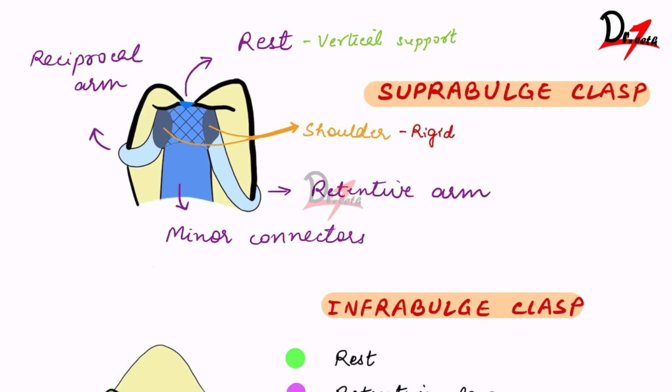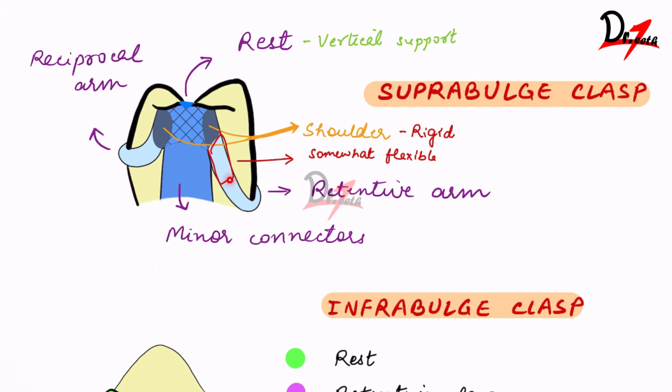Okay. Now this midsection is somewhat flexible. Why? You can see here that from here to here we have a tapering, meaning it is getting thinner and thinner as we move downward. Okay.